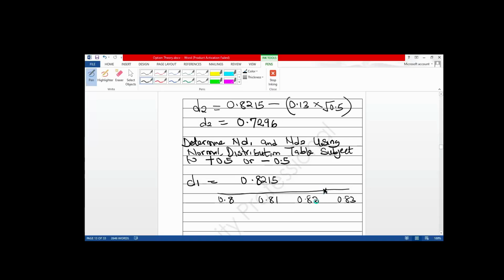That means this number is between, we call it the range.